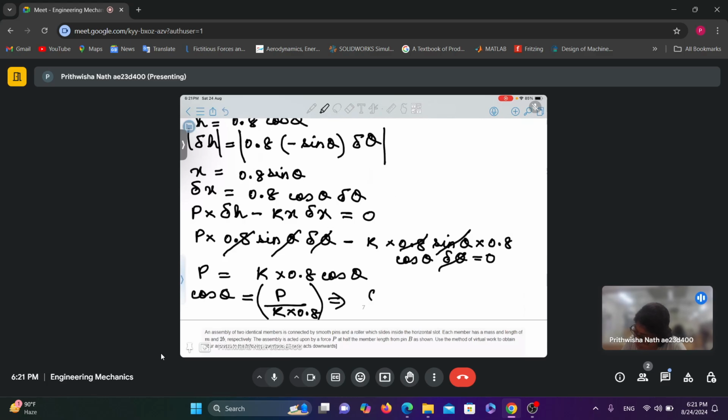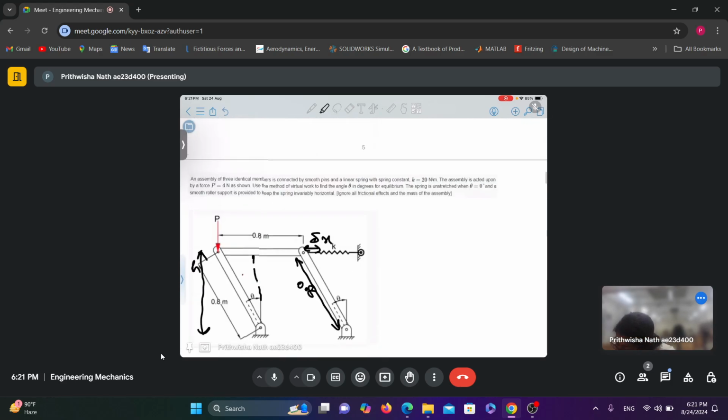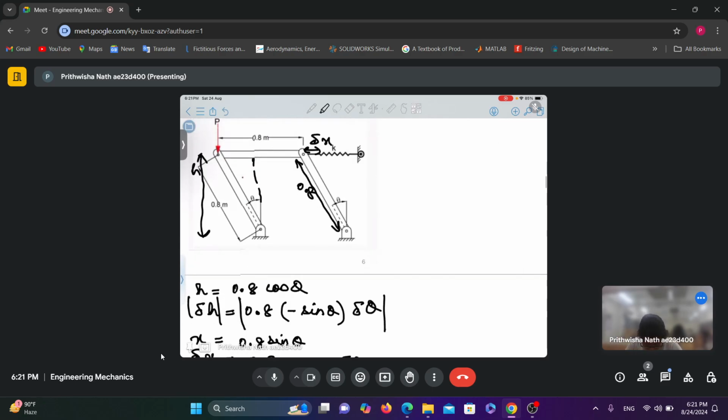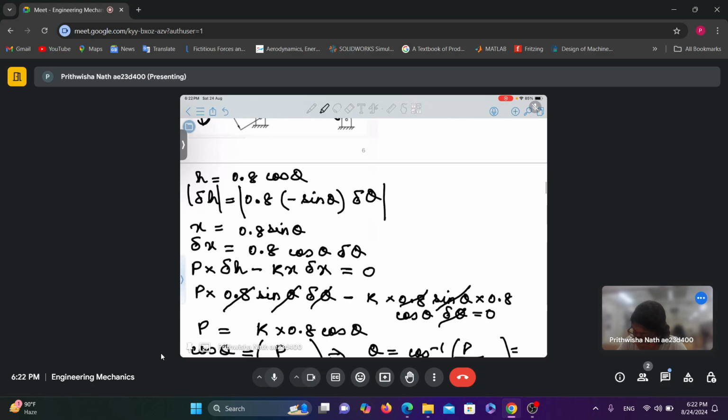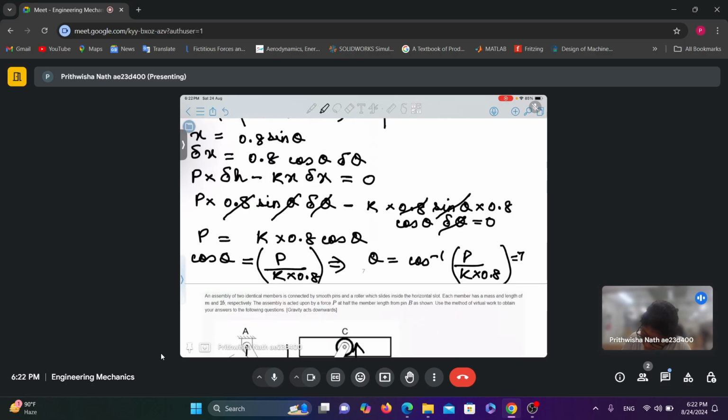So theta equals to cos inverse of P by K 0.8, which is equal to, P is given as 4, K is 20 into 0.8. So this is equal to 75.52 degrees.